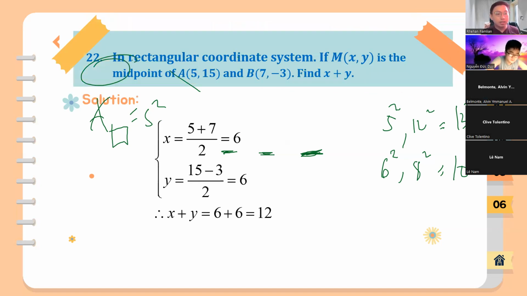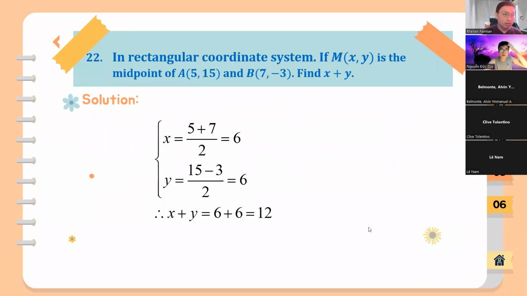Number 22. For number 22, guys, in a rectangular coordinate system, point M(x, y) is the midpoint of A and B. So when we say midpoint, if you try to draw this in a Cartesian plane, everybody knows the Cartesian plane, right? I label this as Y, which is your ordinate, and X is your abscissa.